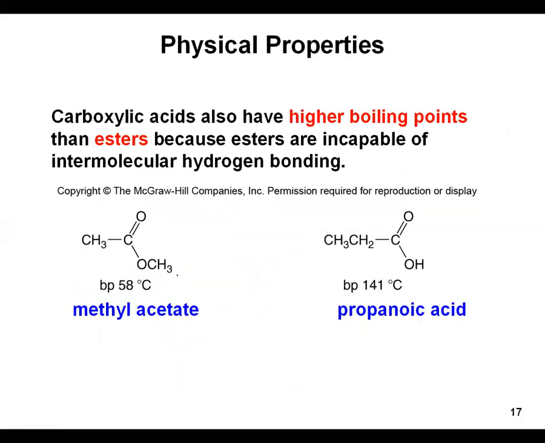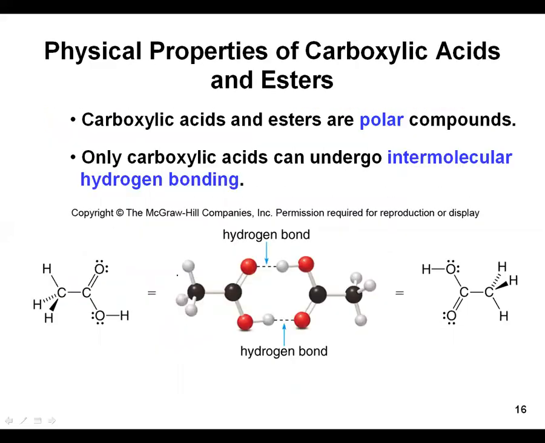Now, esters can form hydrogen bonds with each other because they actually have two polar groups. This is polar right here, and this is polar as well. And it can hydrogen bond, and it can actually hydrogen bond to itself, where one hydrogen here is bonding to the oxygen on that double bond.